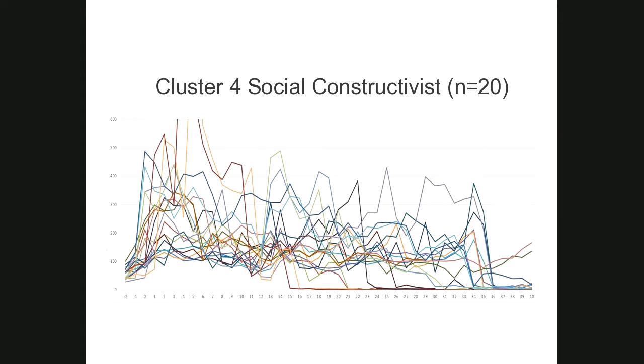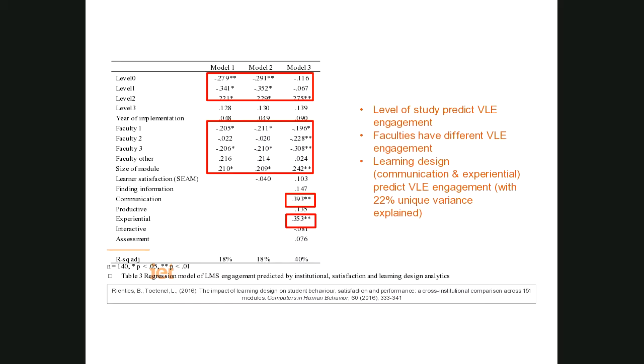Without knowing how teachers are designing these courses, it's just one big mess. But the nice thing with learning design is that we can start to see whether there is actually a link between how teachers are designing courses and what our students are actually doing. So on the next slide, and I do apologize, this is a little bit of stats, we can start to see which activities actually drive VLE engagement in our courses.